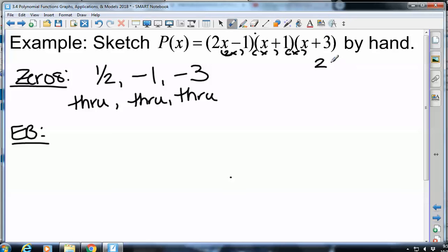So we would get a 2x to the third. So what's your end behavior going to be? Down, up.